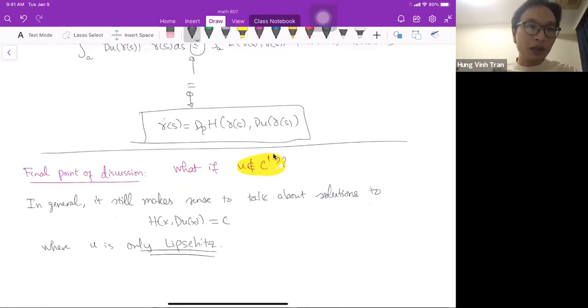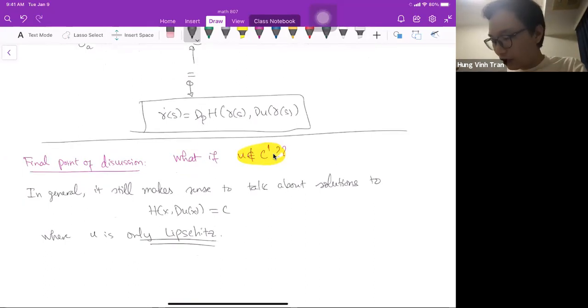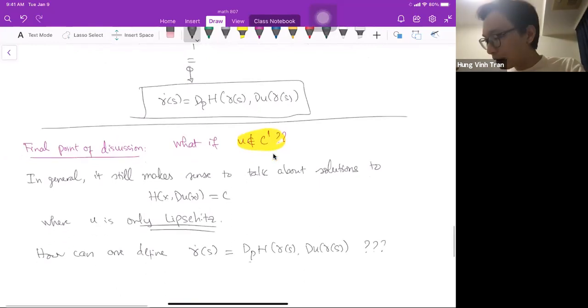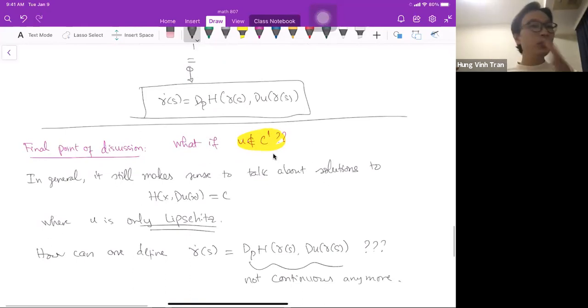If u is only Lipschitz, then how can one, for example, define the ODE for gamma dot(s) equals D_pH(gamma(s), Du(gamma(s)))? In this case, Du is not continuous anymore, right? Du can have jumps.